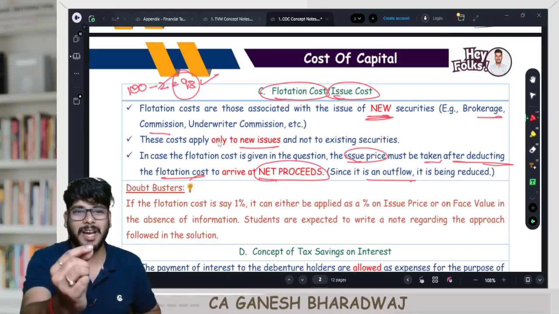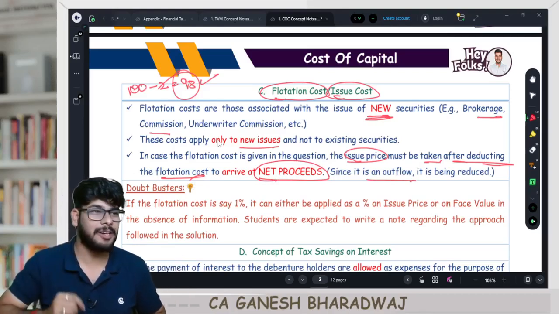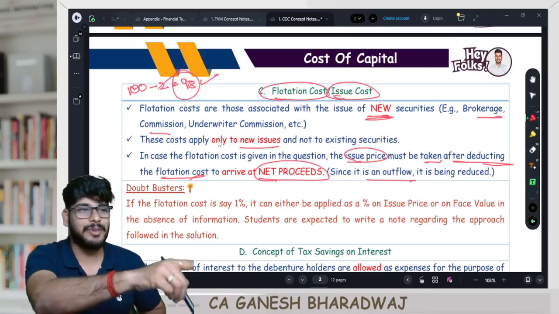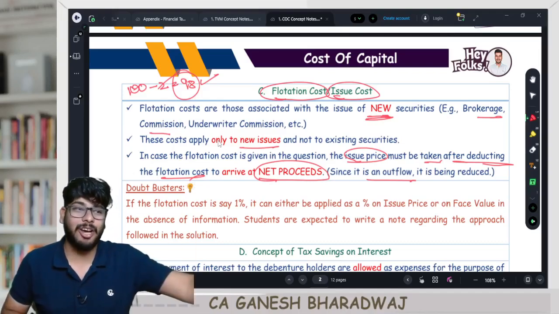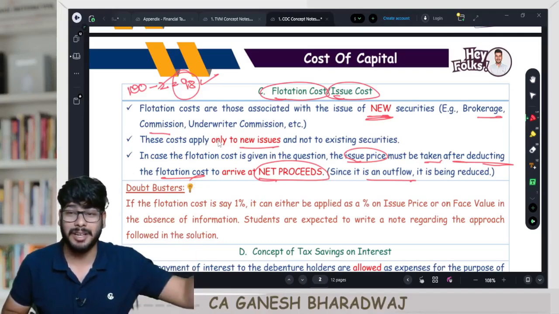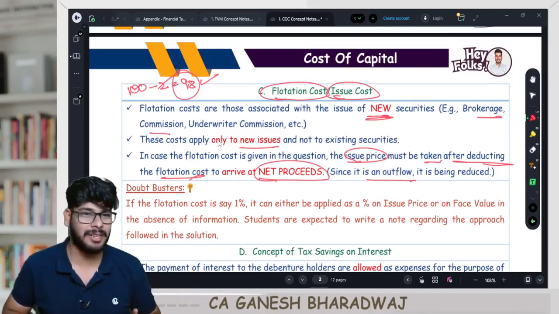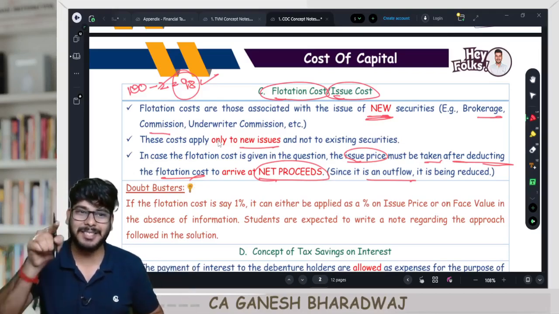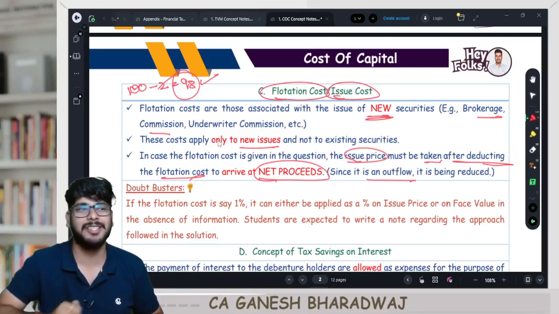Now let me add one more point to this. Now it will become interesting. Till now we saw that what was a return from the perspective of the investor was a cost from the viewpoint of the company, because the cash flows are the same. But if there is a flotation cost, there will be a change in this rule.